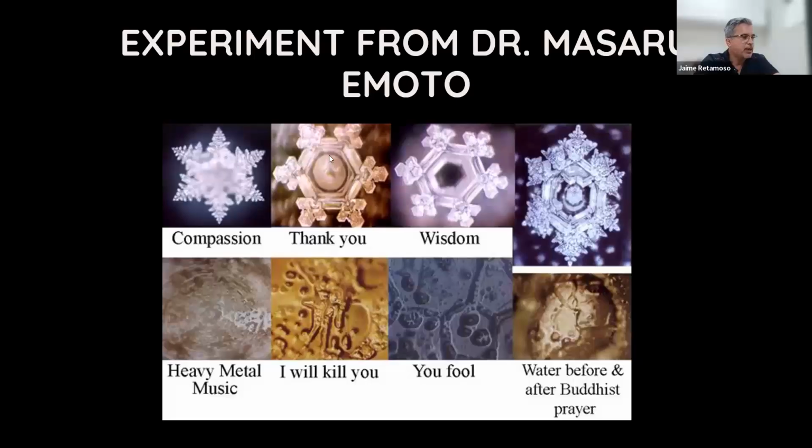But when the person had this heavy metal music, very bad thoughts like "I will kill you, you fool," this is what happened with the water when it's frozen and they take a picture of the molecule of the ice. So you can see the lack of harmony, okay? And you can see the harmony of good thoughts. So can we influence the scalar energy? Yes, we can with our thoughts.